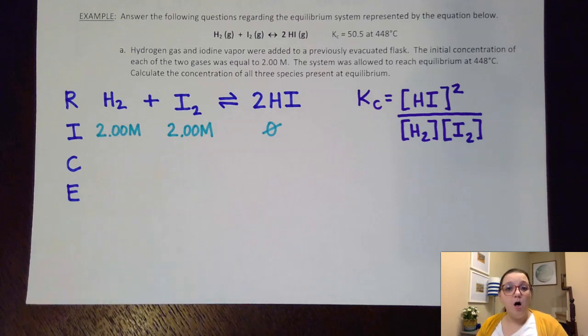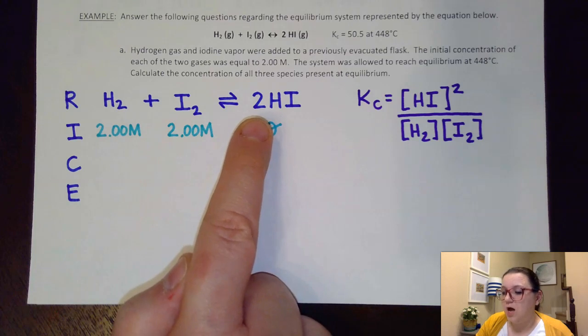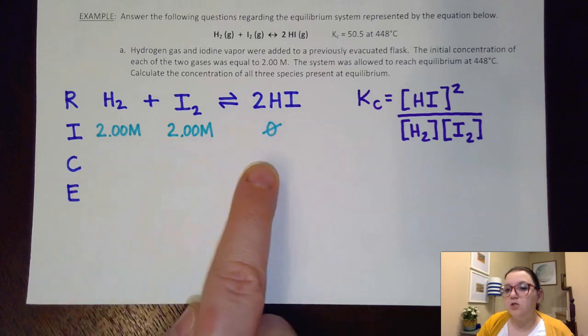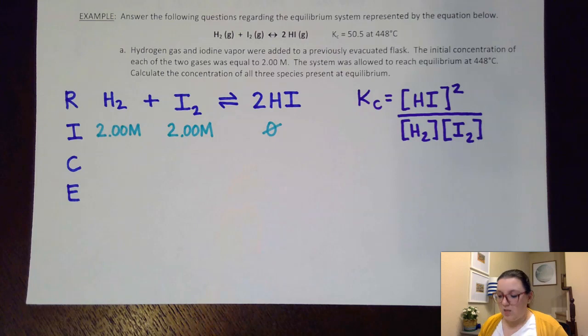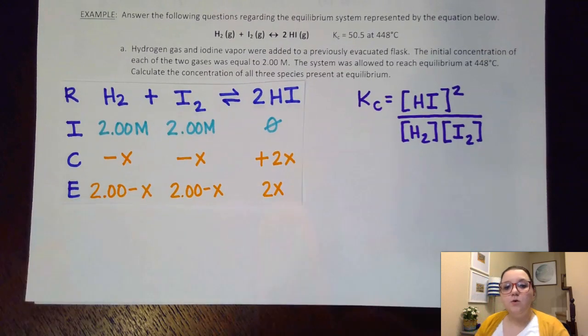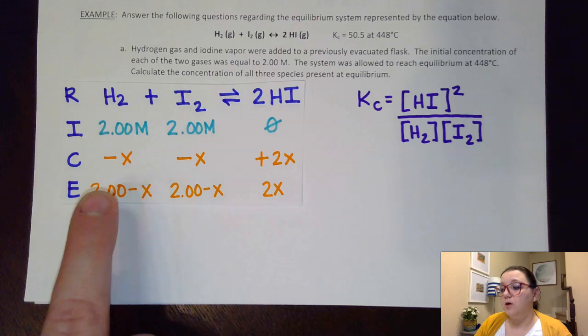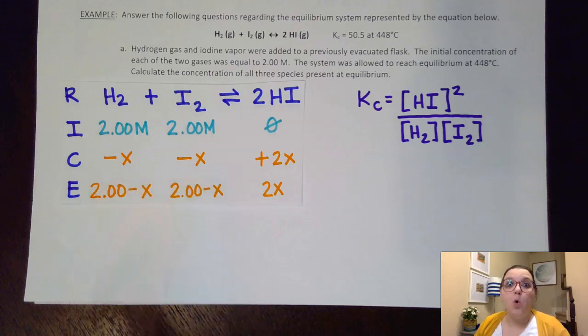Now remember, all changes on these RICE tables happen in mole to mole ratios. We've got to utilize those coefficients. So when I have this 1 to 1 to 2 molar ratio, I should see that same ratio reflected in these changes. Let me put up here what I filled in for the rest of my RICE table. I know H2 and I2 both need to go down, and I put that they're going to go down by x and x, or 1x.